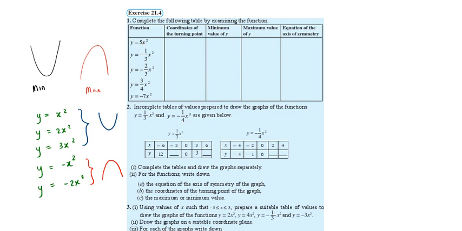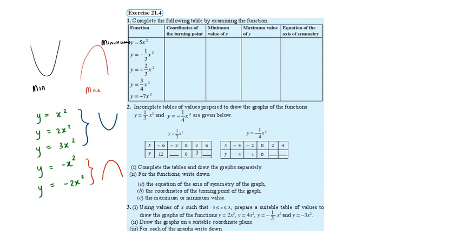When you see y equals 5x square, the x square coefficient is 5. It's a positive value, right? So 5x square means it's a minimum. Okay, so this is a minimum graph.